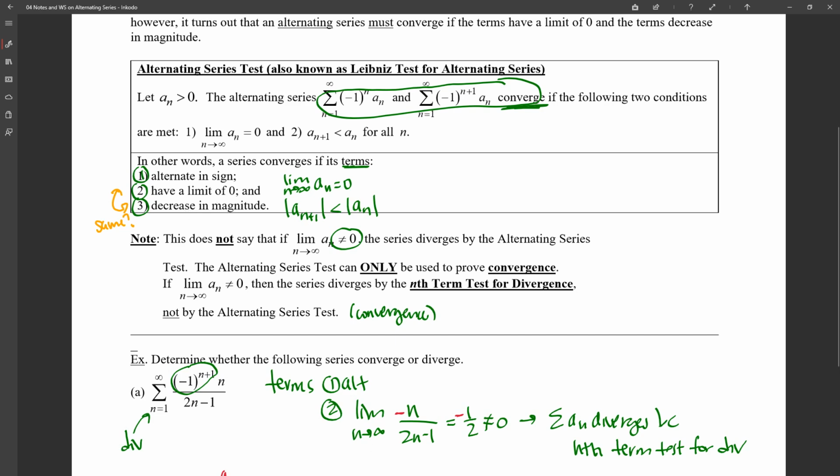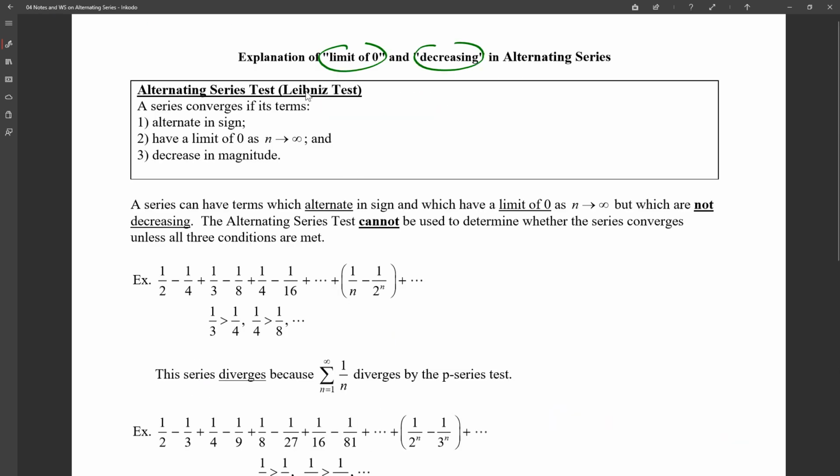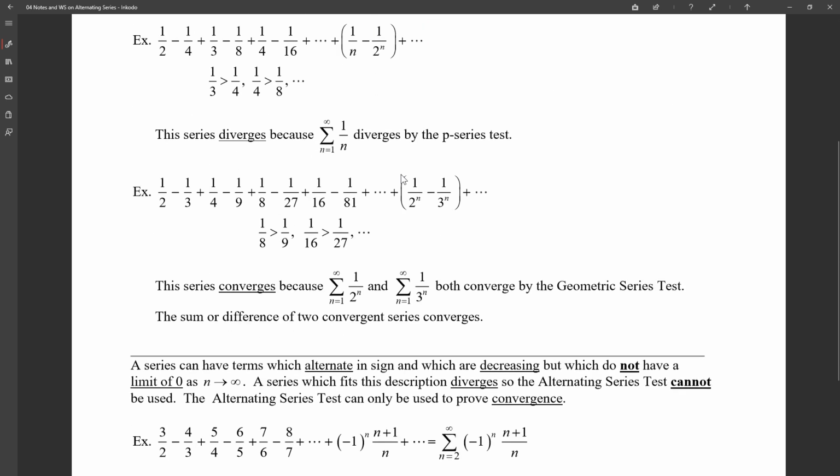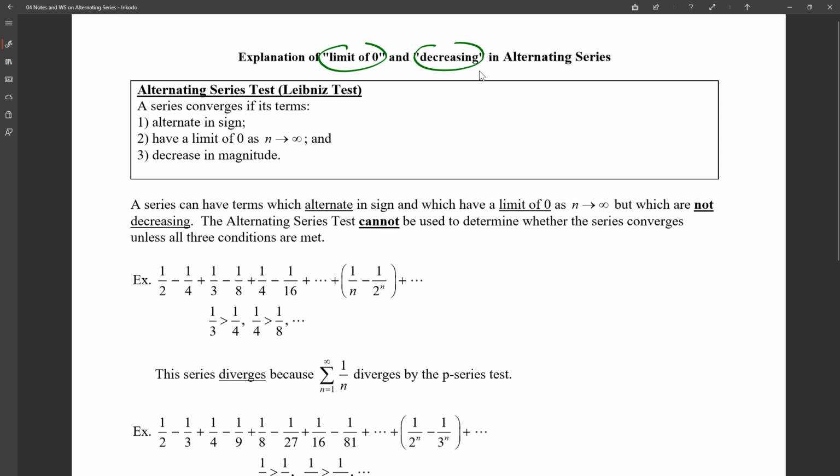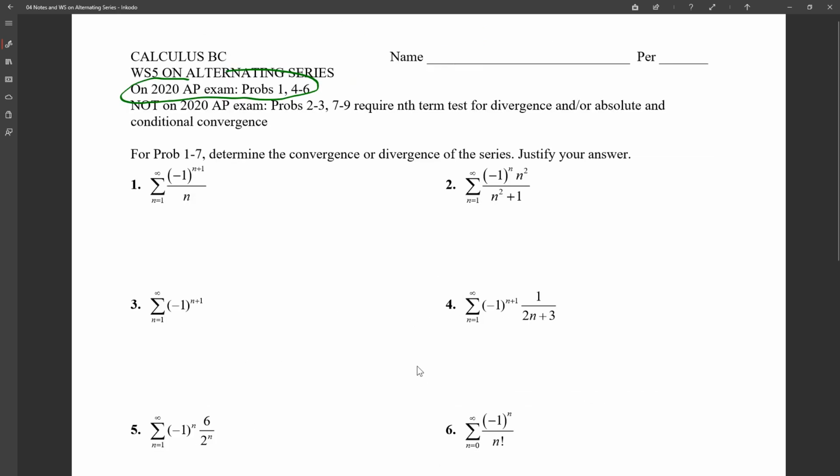So I put inside your notes an explanation of when the limit of 0 and decreasing are not exactly the same things. This isn't something that the AP test is going to trick you on. Most of the time they're going to mean the same thing, so you don't really have to distinguish when they're different. But there are situations when they don't exactly mean the same thing. In your notes, if you look through this, it'll explain why sometimes these are not necessarily the same thing.